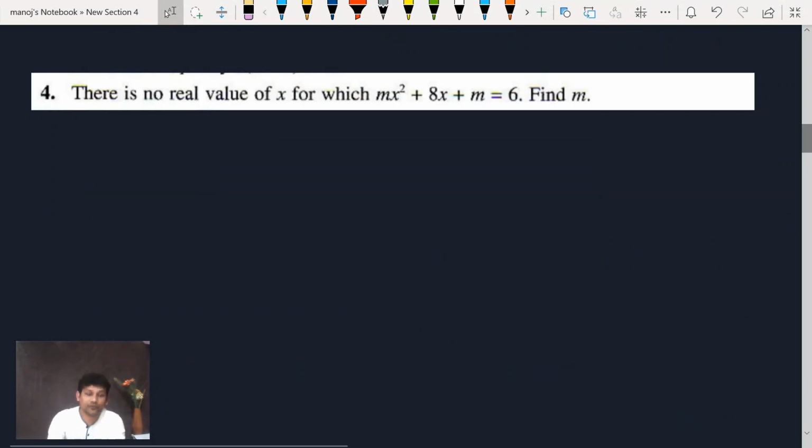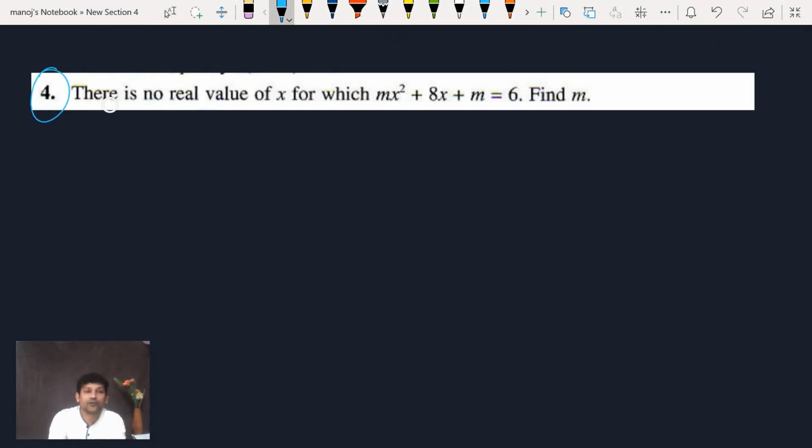Okay, question number 4. In question number 4, there is no real value of x for which this holds. No real value means no real roots, and when there are no real roots, b squared minus 4ac is less than 0. We have done it.